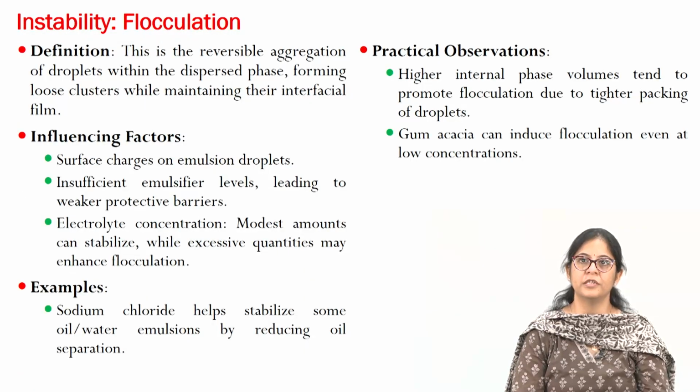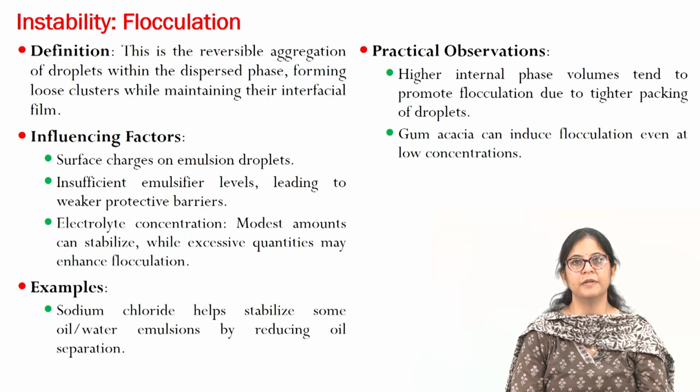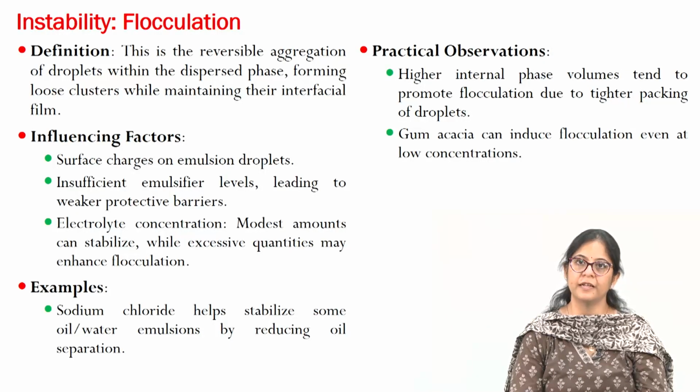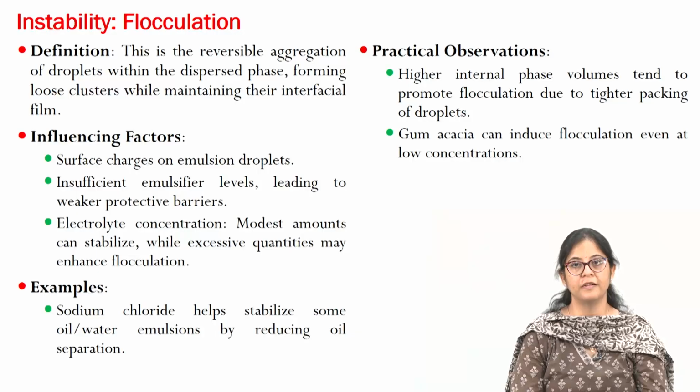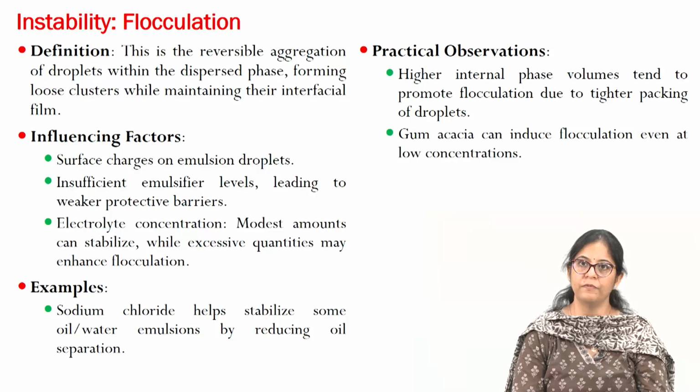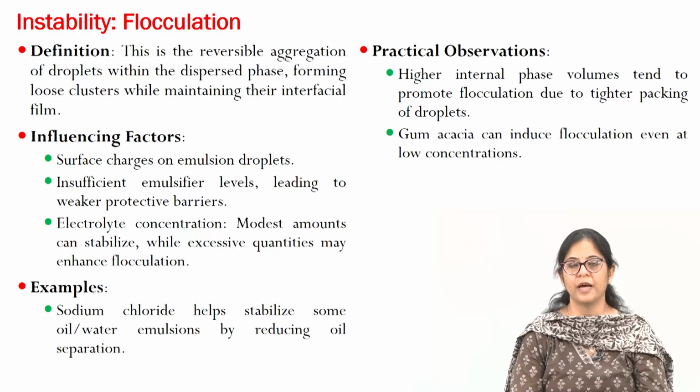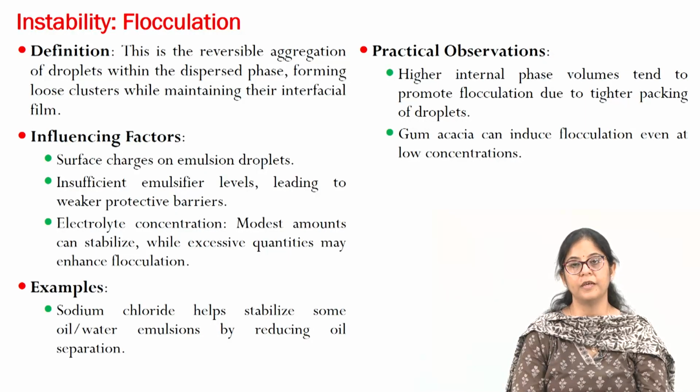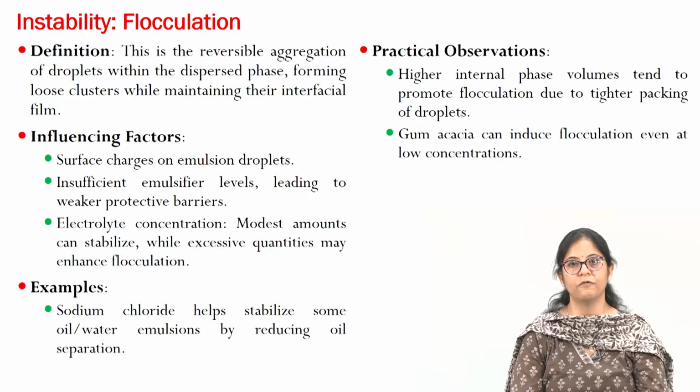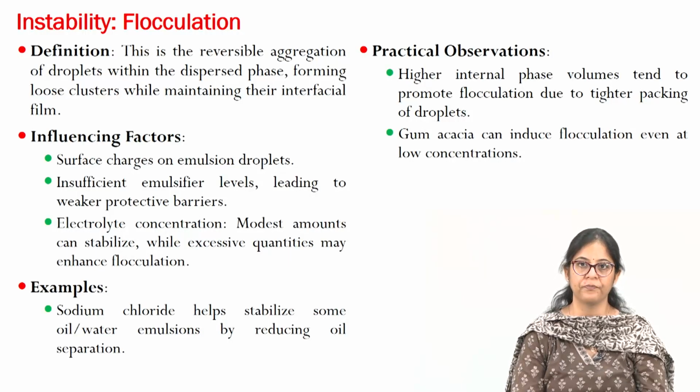So, flocculation, this is the reversible aggregation of droplets within the dispersed phase, forming loose clusters while maintaining their interfacial film. Factors like surface charge on the droplets and insufficient emulsifier levels can lead to weaker protective barriers and coalescence. Electrolyte concentration: modest amounts can be used to stabilize the dispersed phase, while excessive quantities may enhance flocculation.